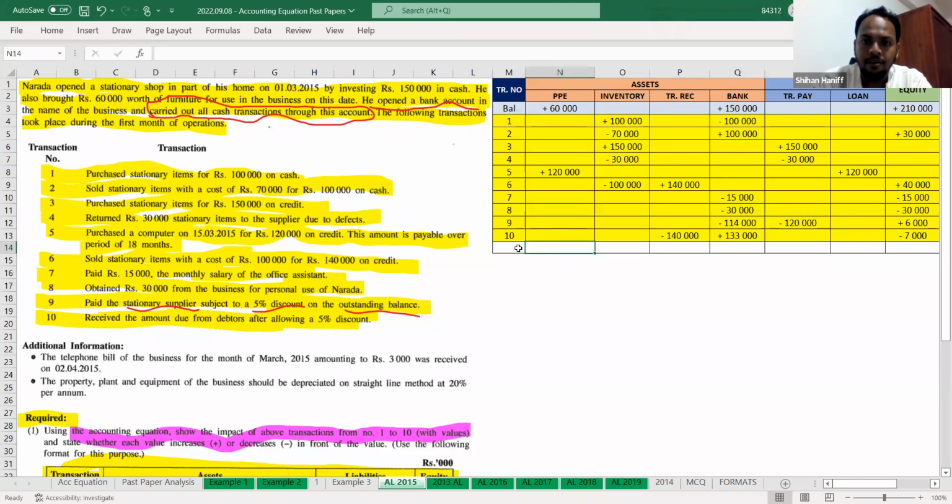Okay. In between, can you all calculate the total? They don't ask it, but let's just calculate the total.